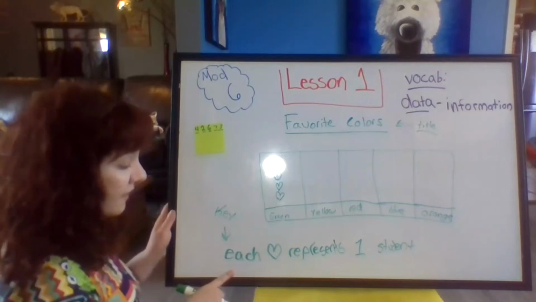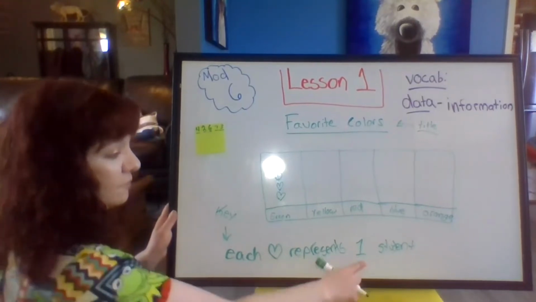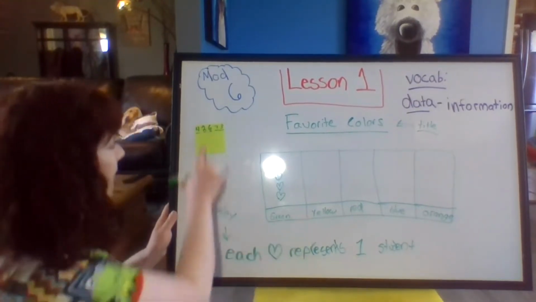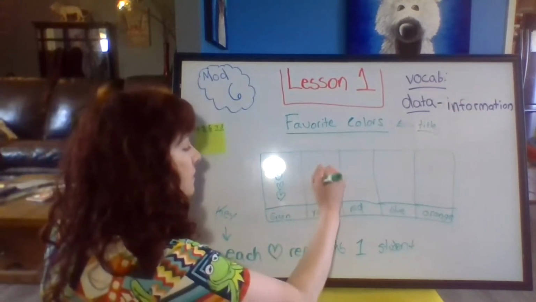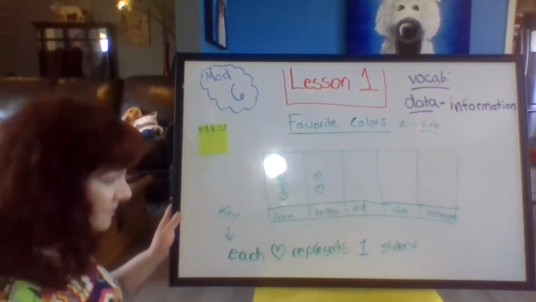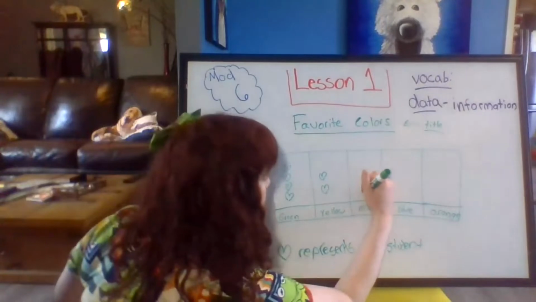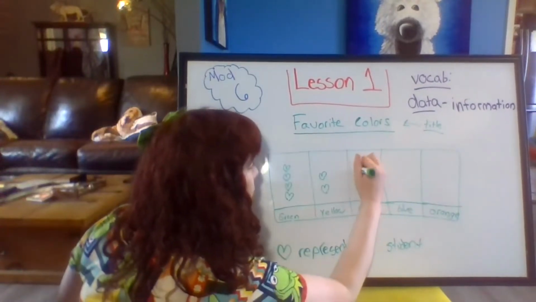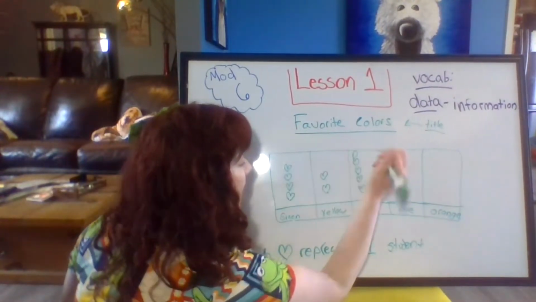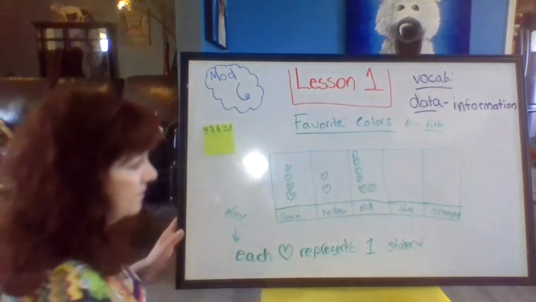I want to make sure that I follow my key, that each heart represents 1 student. For yellow, there's 2. So 2 hearts. Red, 6. 1, 2, 3, 4, 5, 6.